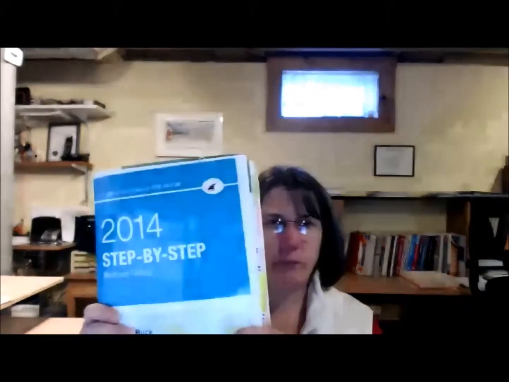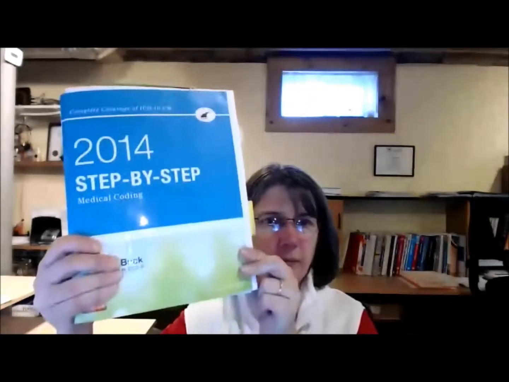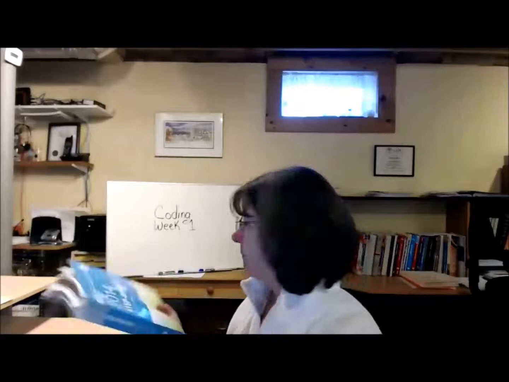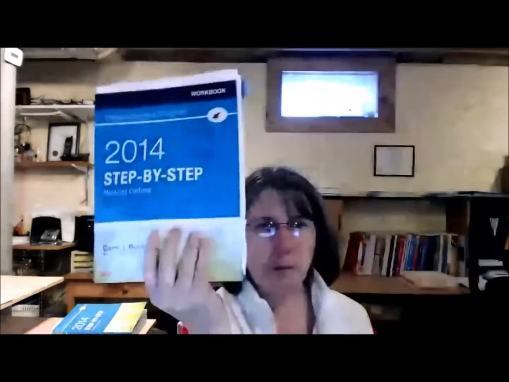Then down on week 6, we get into the step-by-step book. And this is your textbook. Okay? It will probably say 2015, if not 2014 is fine. And the workbook.